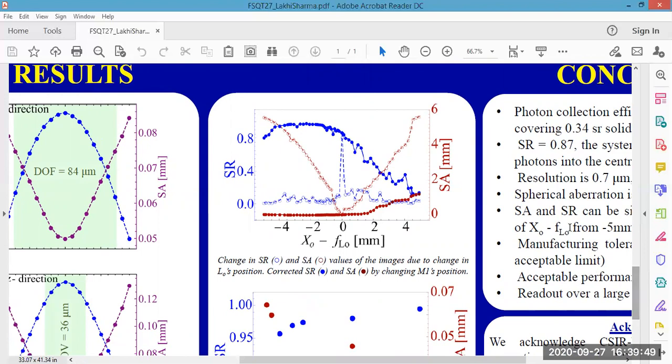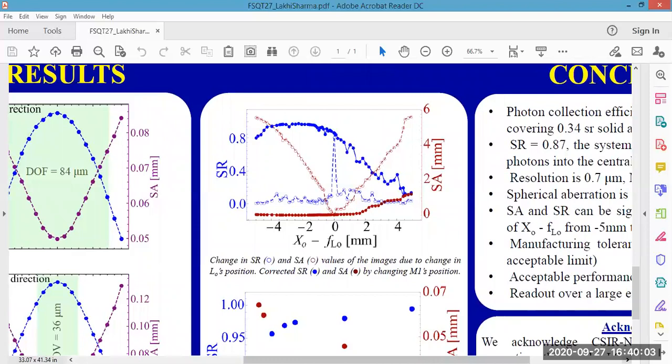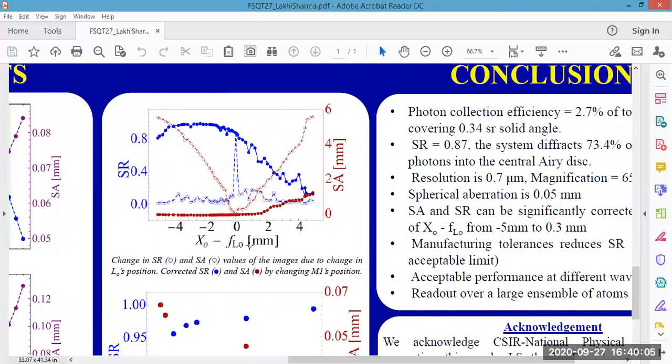Here we have studied how changes in the position of the inner aspheric lens can be corrected by optimizing the distances between the objective and the magnifier, and we found that a change in the inner aspheric lens position from -5 mm to 0.3 mm can give good results.